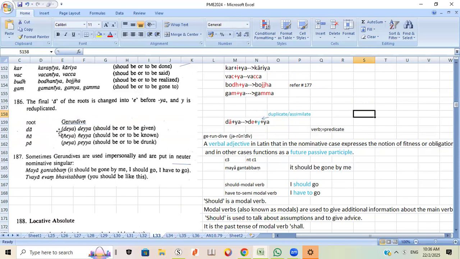Now, so we take from 187. So sometimes it is a gerundive. So in this case, I want to pronounce this as gerundives. Gerundives are used impersonally, are put in the neuter nominative singular. So in this case, can you see the word tapang? This is a nominative singular. Because the rule is like that.